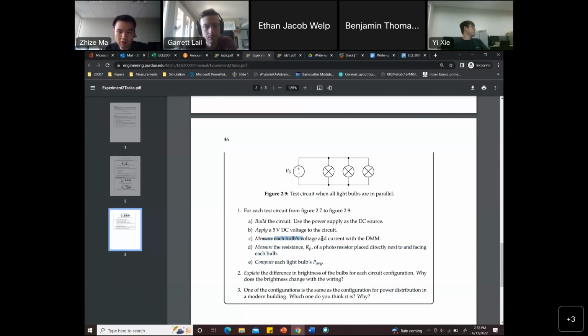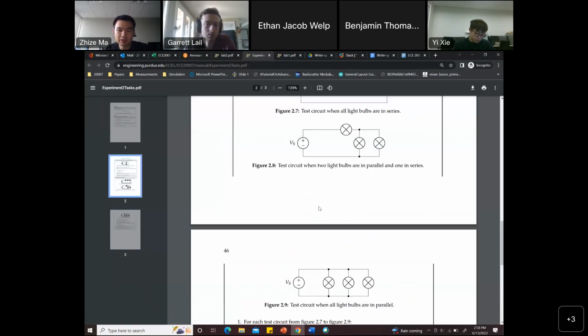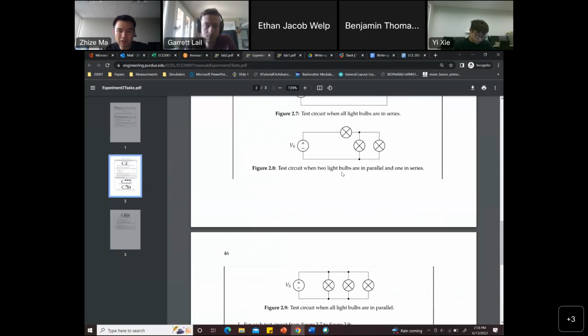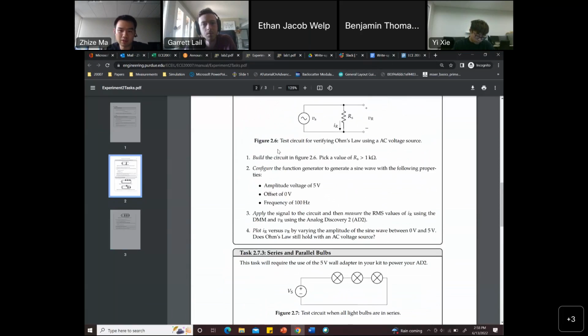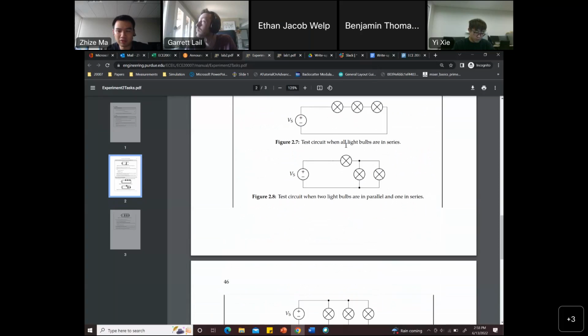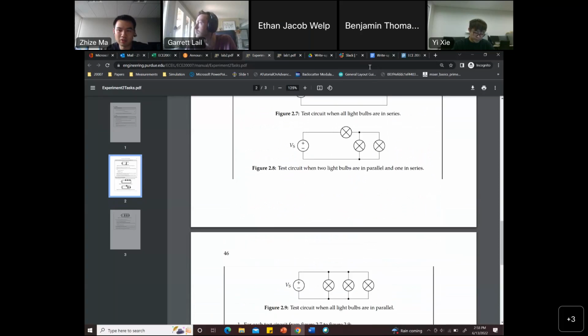And also in this one, they need to do the current measurement. They will get more confused compared with task number 2, since the method is still the same as task 2, but in task 3 they need to measure the current for different bulbs, especially for figure 2.8 and figure 2.9.